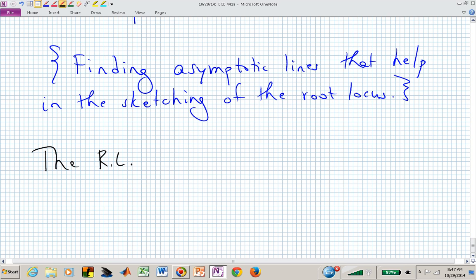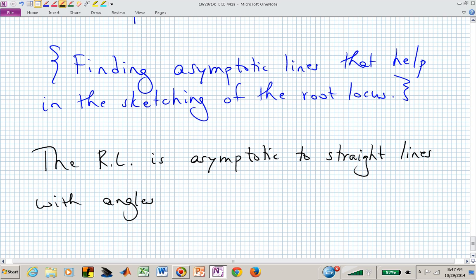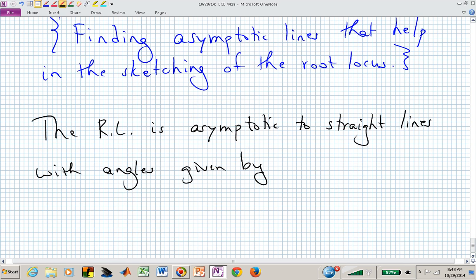The root locus, or these branches of the root locus, is going to be asymptotic to straight lines with angles given by the following formula.